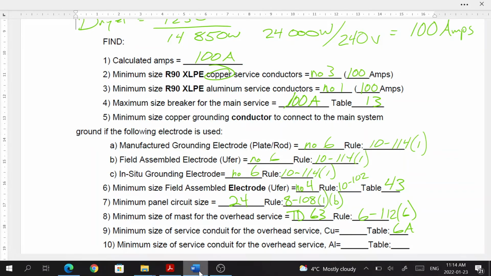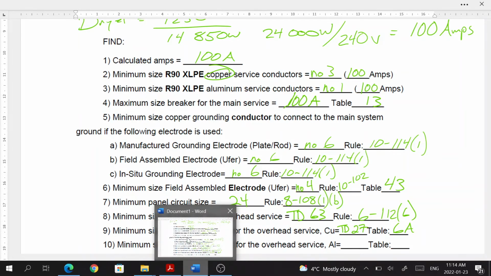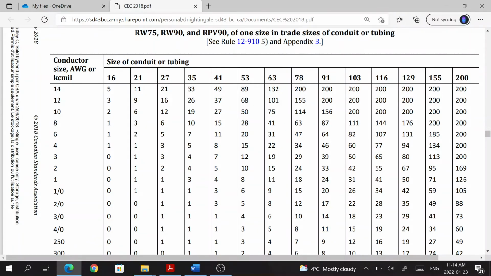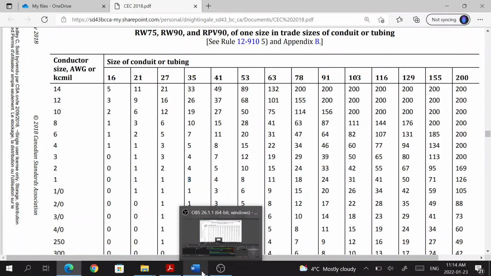So we can indicate that by trade diameter 27. And for aluminum, 27 is going to be 1 inch. For aluminum, we're using number 1. And so to fit 3 in there, we're going to need trade size 35.